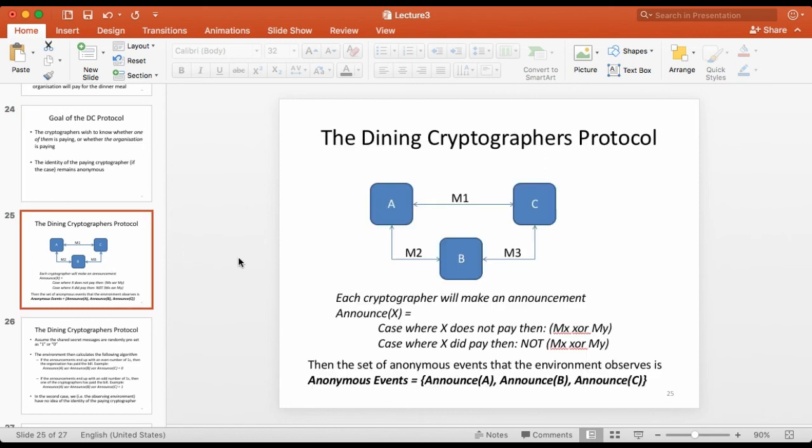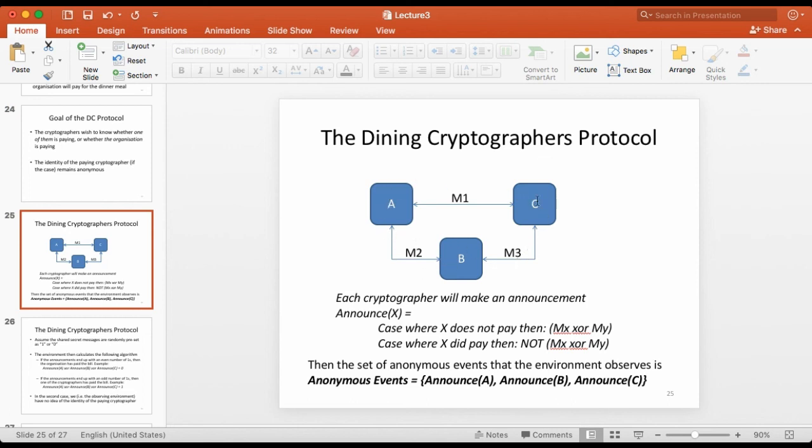So let's look at a little bit more detail into how the protocol works from a conceptual point of view. So in this case, you have the three cryptographers A, B, and C. And in this setup, they all share some kind of message. So each pair of them shares a message between them.